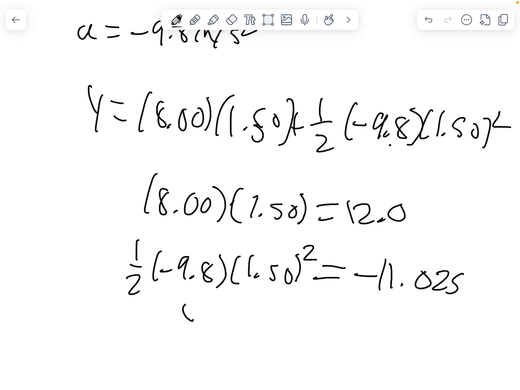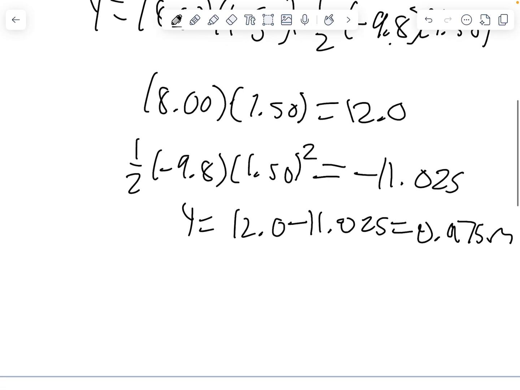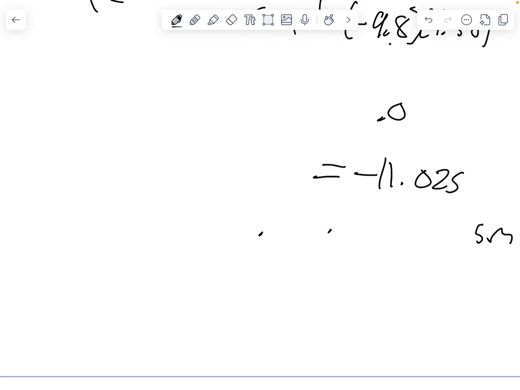We're just going to put these all together. That equals negative 22.975 meters. Since the motion is downwards, the position is y equals negative 23.0 meters, and that's what you're going to get for that answer.